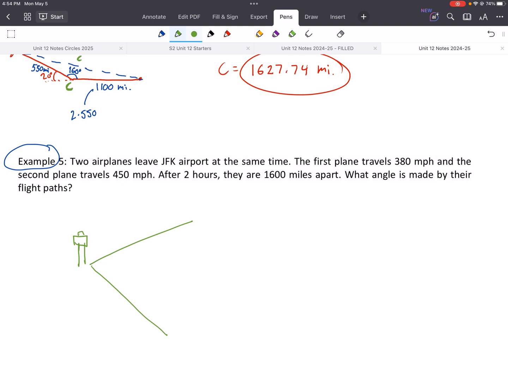Okay. It says the first airplane travels 360 miles per hour, and the second plane travels 650 miles per hour. After 2 hours, they are 1,600 feet apart.